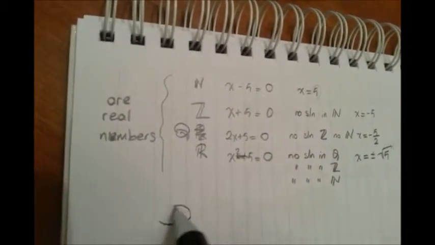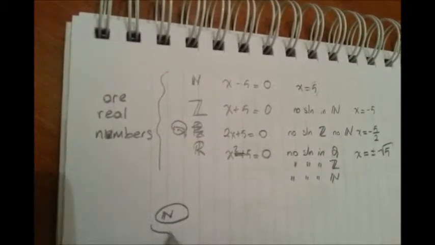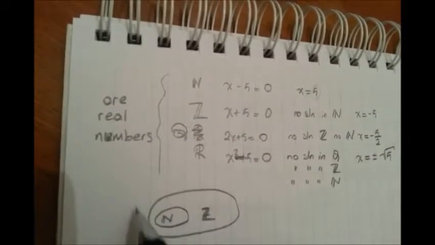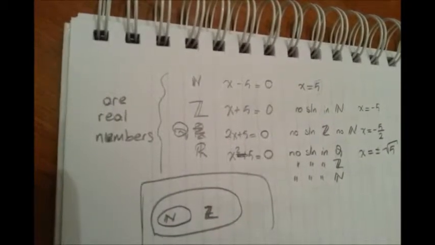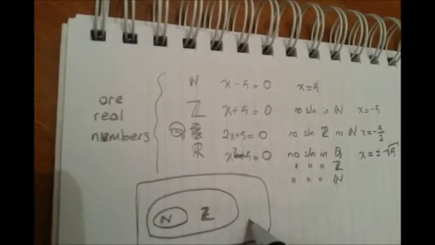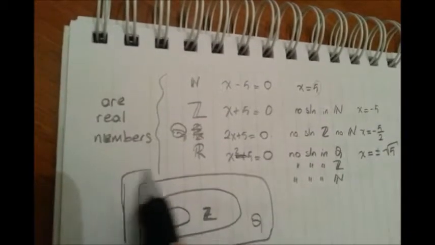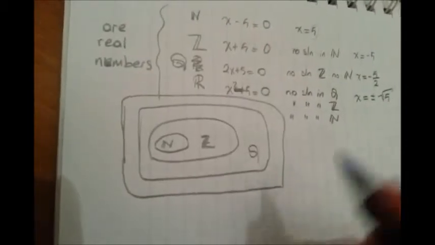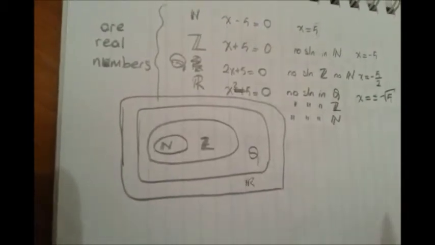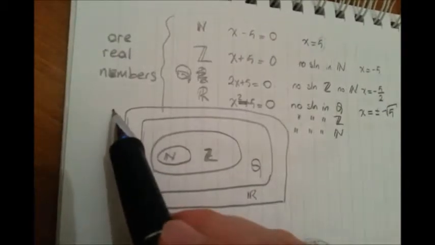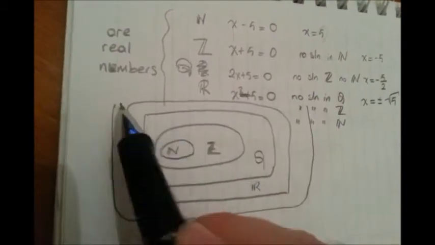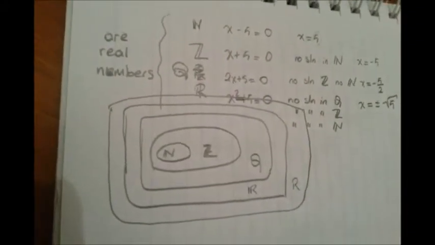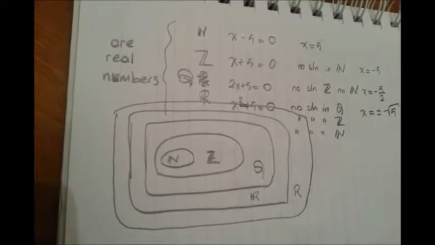So natural numbers, integers, fractions, irrational numbers, and real numbers. So this is the whole thing we know up to now.